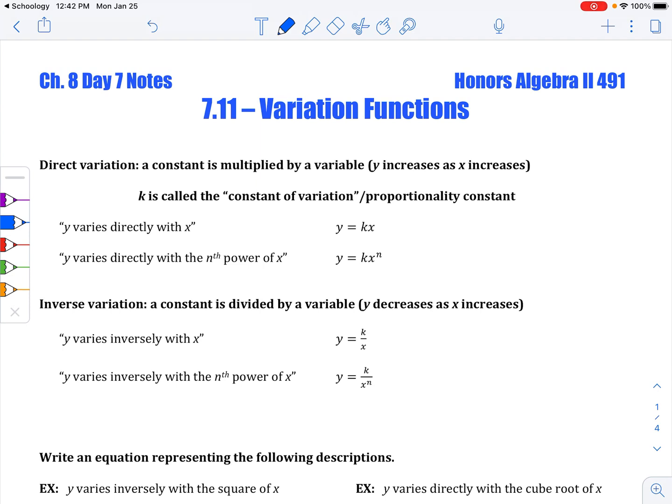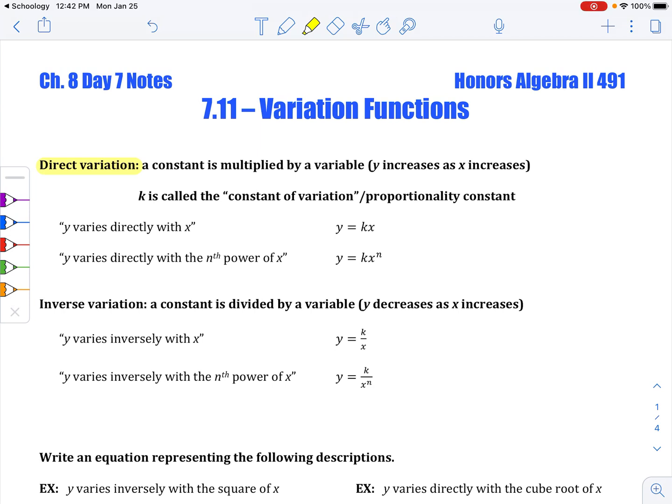The first one we have is direct variation. Direct variation means a constant is multiplied by a variable. In other words, y increases as x increases, right? If they're both being multiplied, one side is multiplied, the other, they both increase. K is what's called the constant of variation, or a proportionality constant.